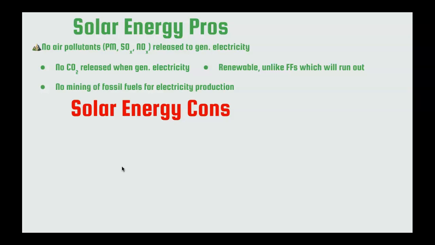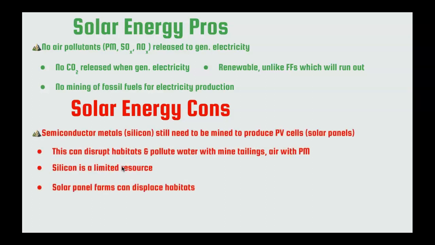It does release some of those things as we mine for the silicon or the raw materials that we need to build those solar panels. No carbon dioxide is released when we're generating electricity. It is renewable, so it's not going to run out. And we're not mining for fossil fuels for electricity production. We are mining for the materials to generate these solar panels, though, so they still need to be mined.